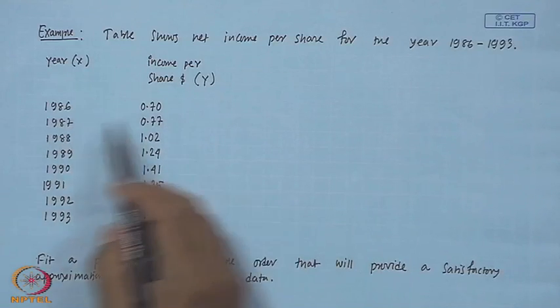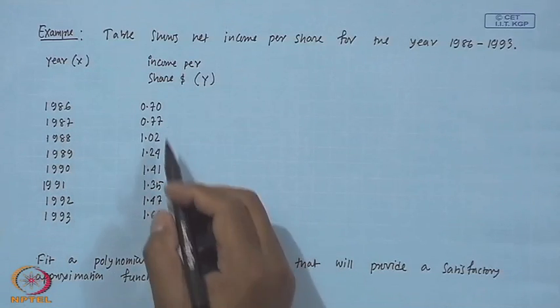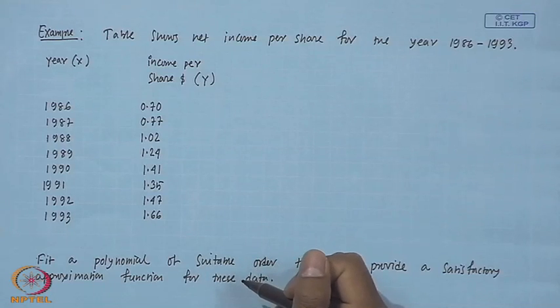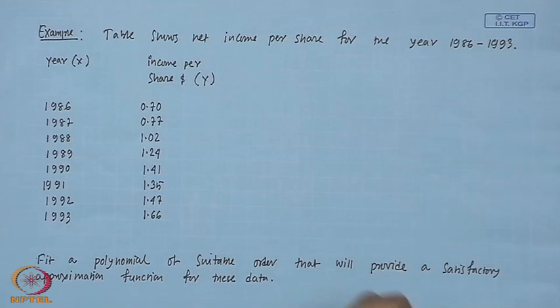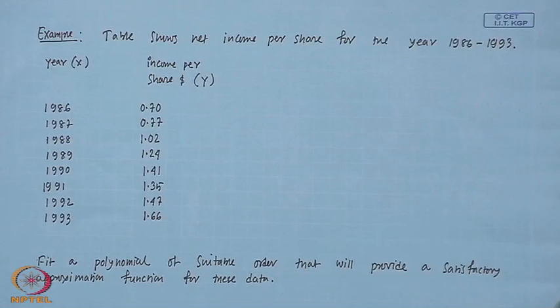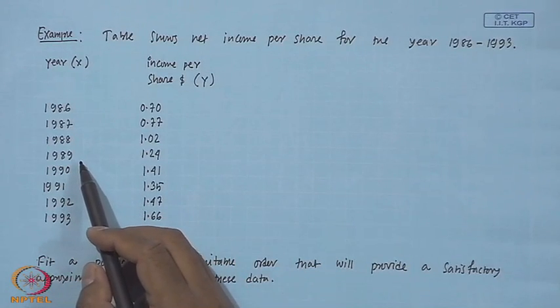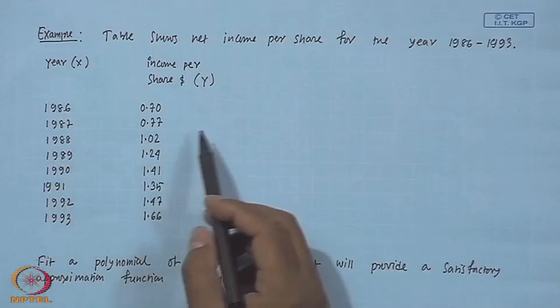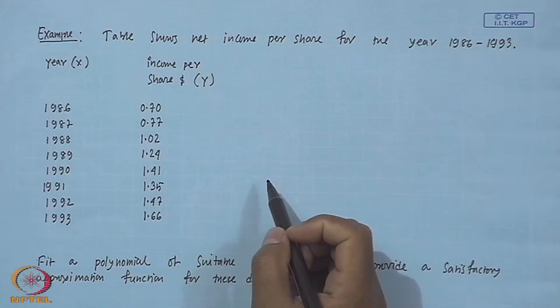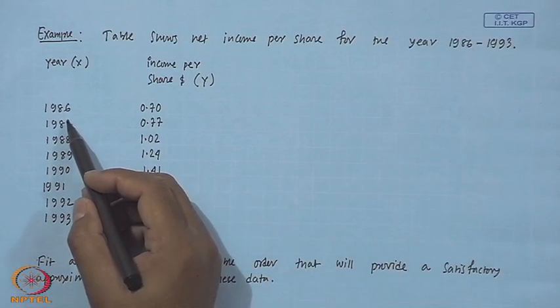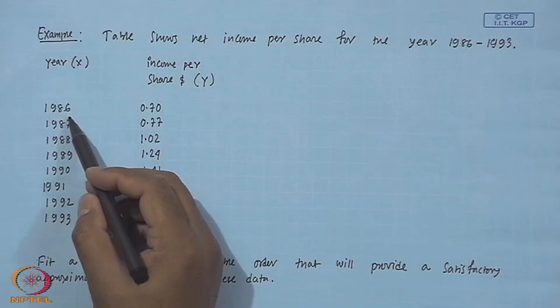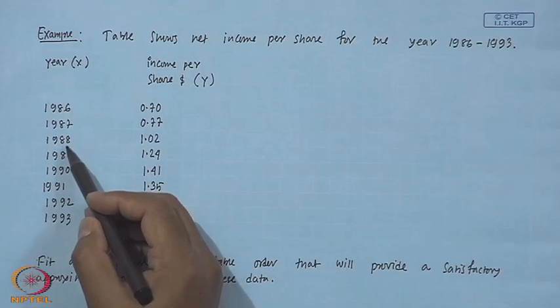So, different years have different income per share. Well, so the question is to find a fit. If you prepare the scatter plot for this x and y, you must have observed that all the x i's are equally spaced.